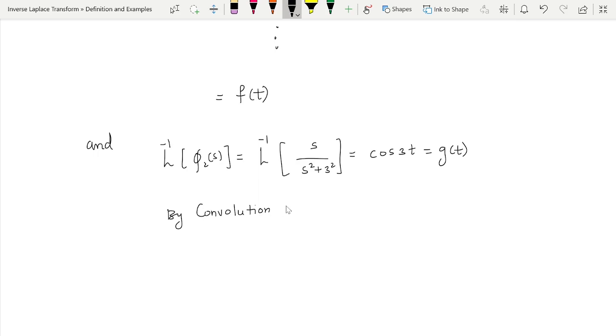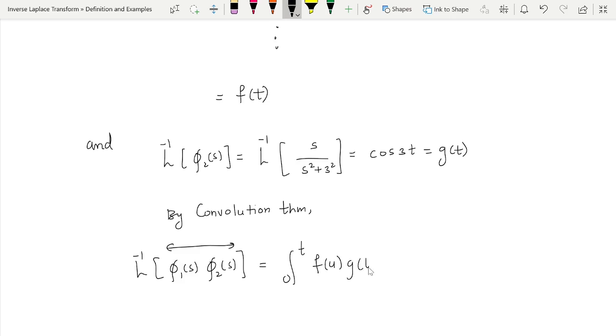so in one problem we are applying convolution theorem twice. So L inverse of phi 1 of s multiplied by phi 2 of s, and this is nothing but our given function, will be equal to integration 0 to t f of u g of t minus u du. This is equal to integration 0 to t. Now you already got the value of f of t from here.